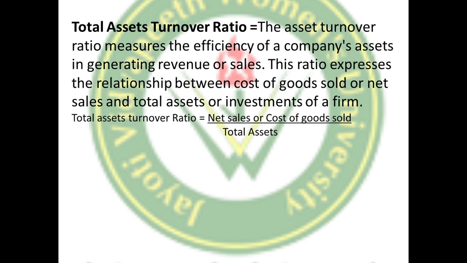This basically shows the relationship between cost of goods sold or net sales to the investments of the firm. The formula to calculate total asset turnover ratio is net sales or cost of goods sold divided by total assets.